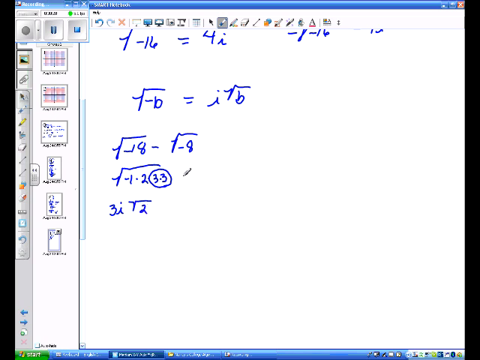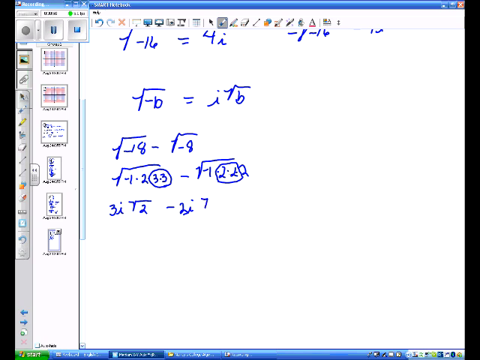If we go over here to negative 8, again, that's going to be negative 1 times 8. 8 is 2 times 4, and 4 is 2 times 2. So if we write it as a product of prime numbers, then we can do our simplification. The square root of negative 1 is i. The square root of 2 squared is 2.